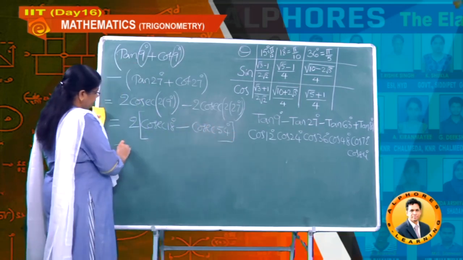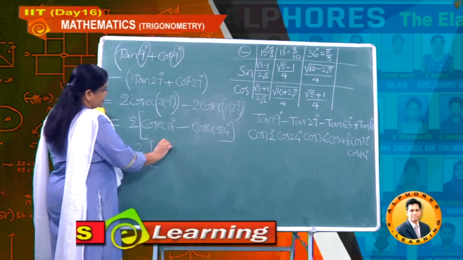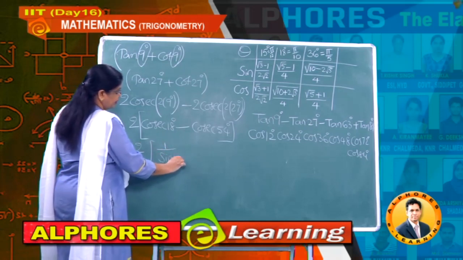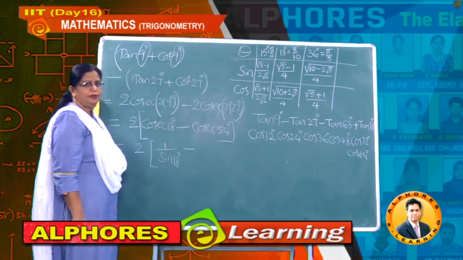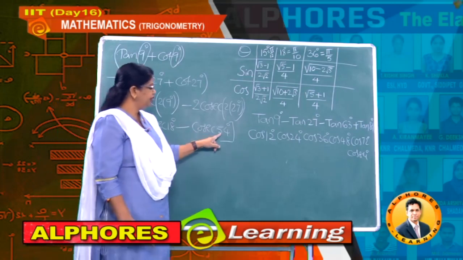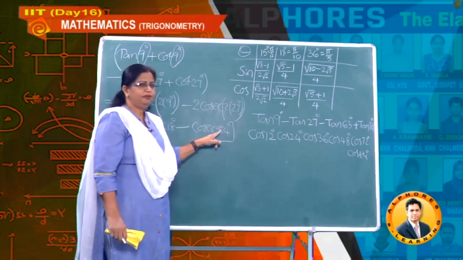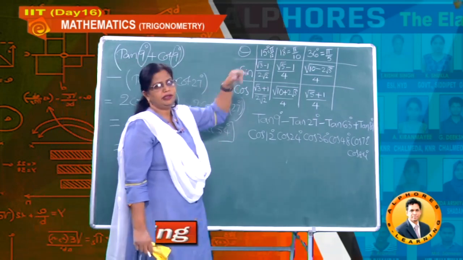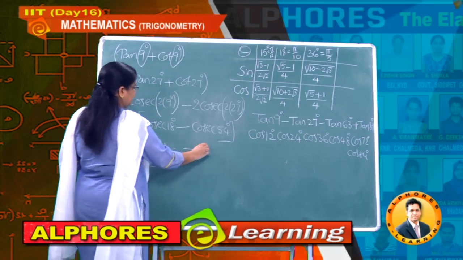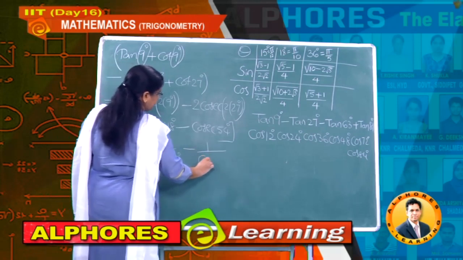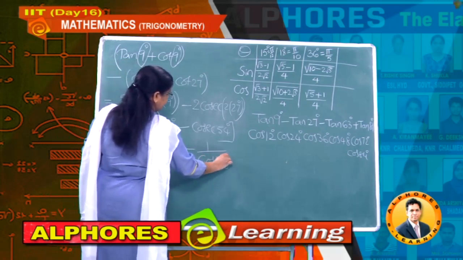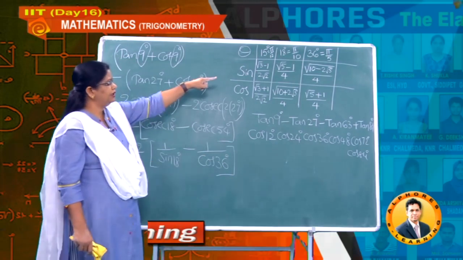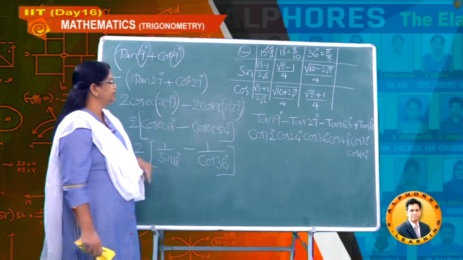Now cosec 18 is nothing but 1 divided by sine 18 degrees, and minus 1 divided by sine 54, which is complementary to 36, so it is cos 36. Now let us substitute the sine 18 value and the cos 36 value.